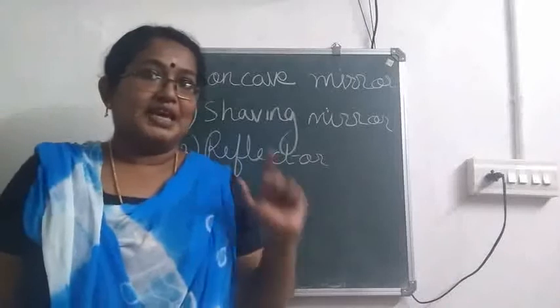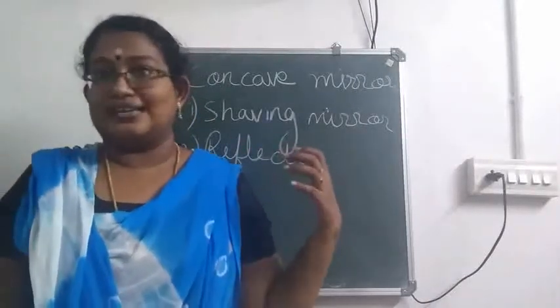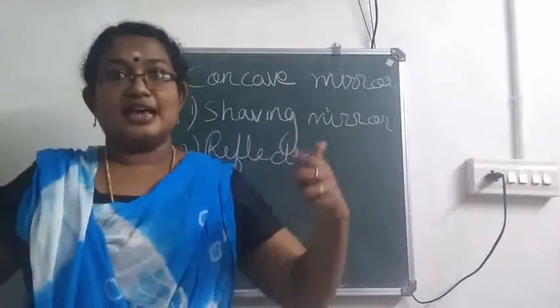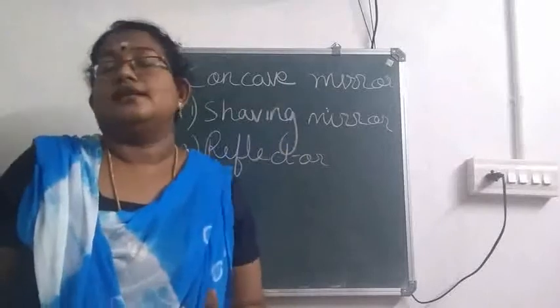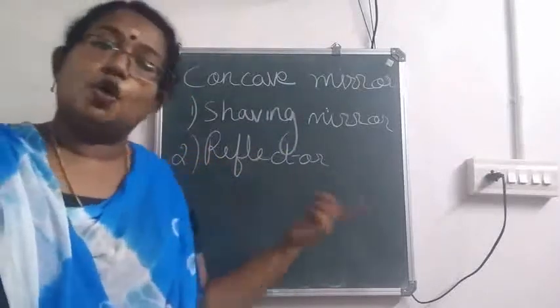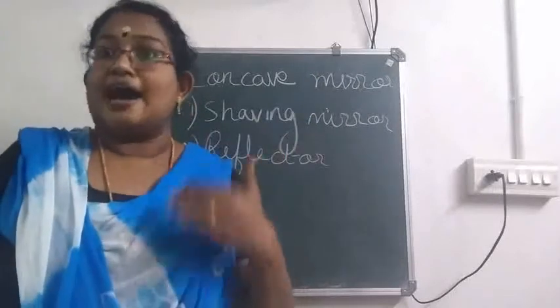Do you remember? If the object is placed at focus, you will be getting a parallel beam of light. And we assume that these rays meet at infinity, isn't it? So that case is used in torches and searchlights. We will be keeping the object at focus.